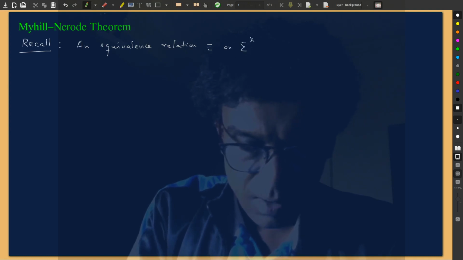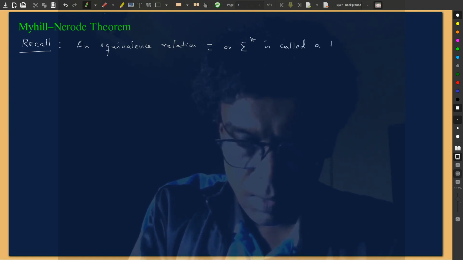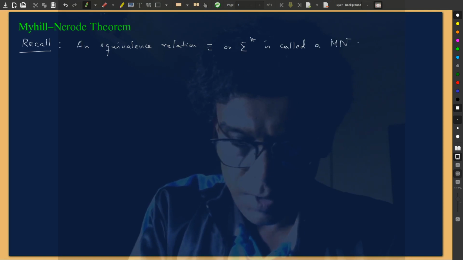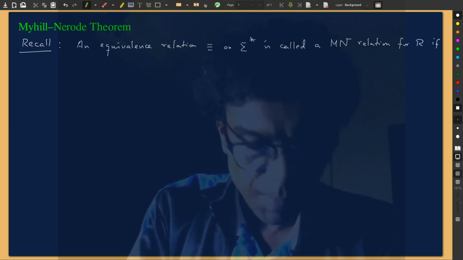on sigma star is called a Myhill-Nerode relation for some language R if the following three properties are satisfied.